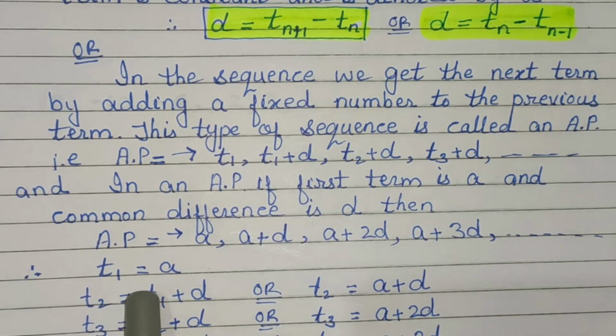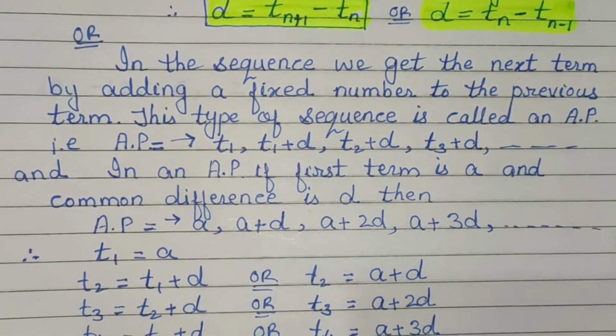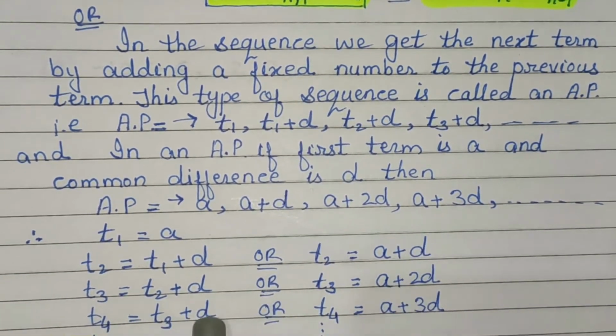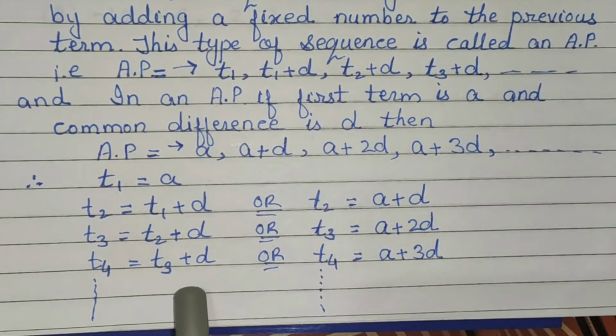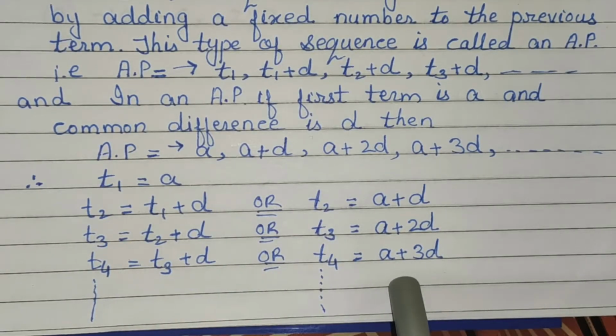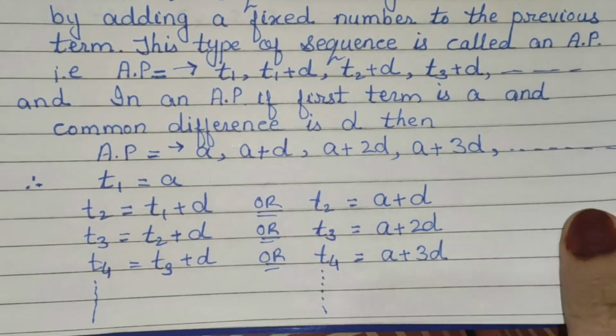Therefore, T1 can be written as a, T2 is T1 plus d, or a plus d. Now T3 is obtained by T2 plus d, or T3 is a plus 2d. T4 is T3 plus d, or T4 is equal to a plus 3d.